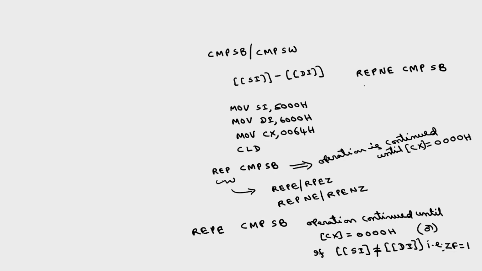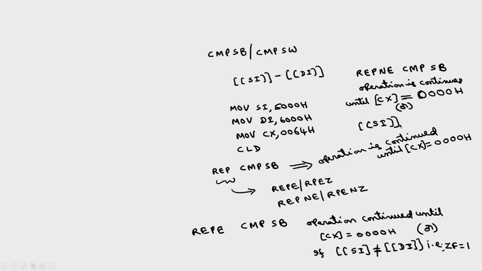So this operation will be continued until CX is equal to 0000, or the contents of SI is equal to DI.